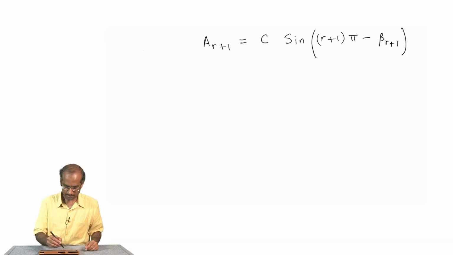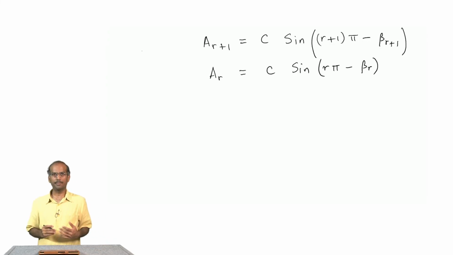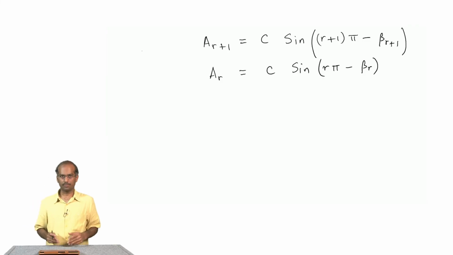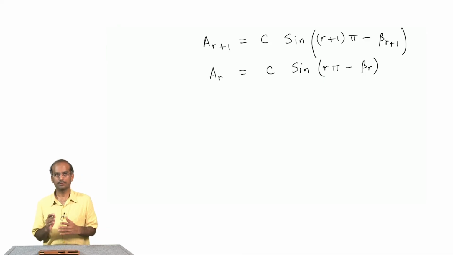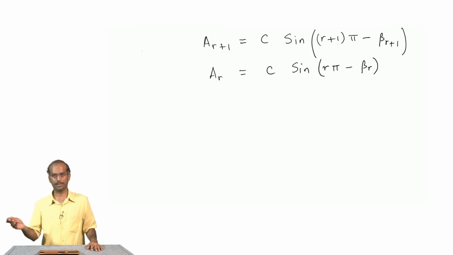Let me for comparison also write A r, which will be c sin of r pi minus beta r. Remember that r is an integer going from 1 to n. So, if A r is sin of r pi minus beta r, A r plus 1 comes with sin of r plus 1 pi minus beta r.